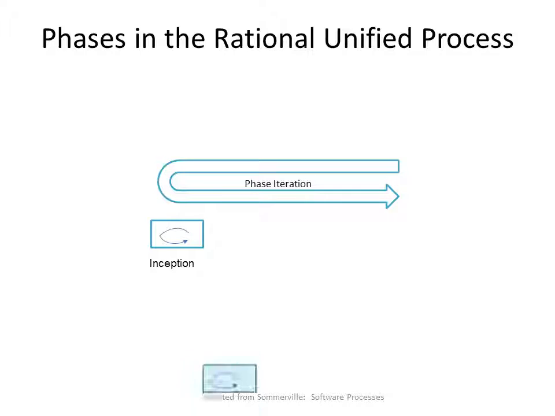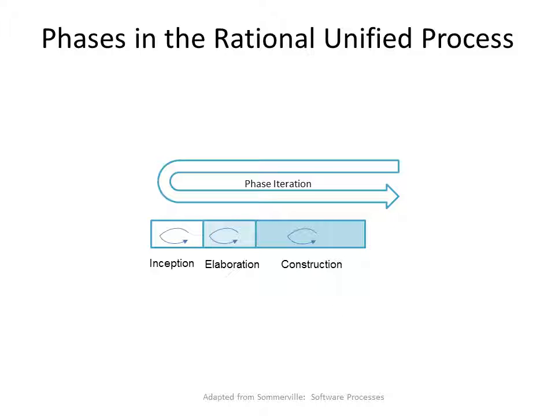We then have elaboration, where you develop an understanding of the problem domain and the system architecture. Then construction, and you can see that phase is quite a large chunk of it. That's the system design, the programming and the testing. And finally, we have transition, which deploys the system to its operating environment.